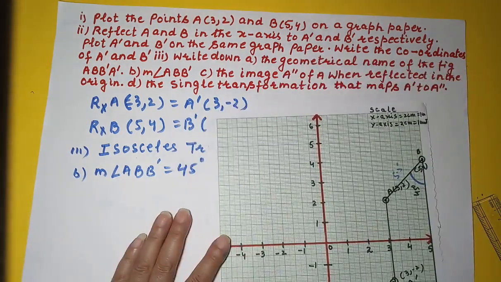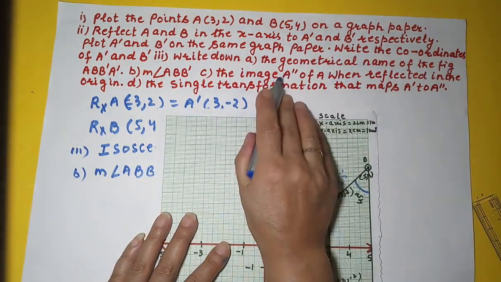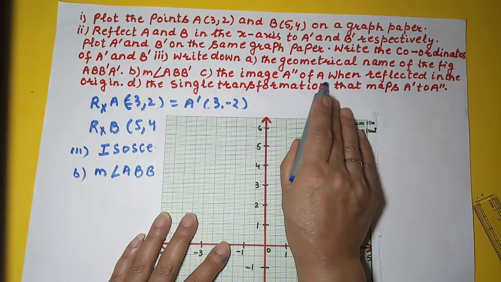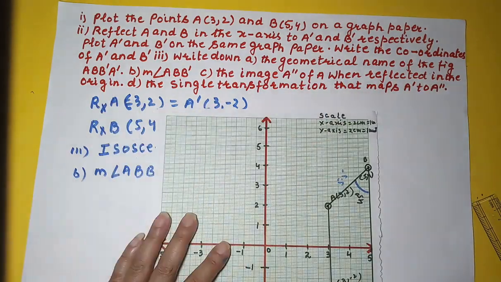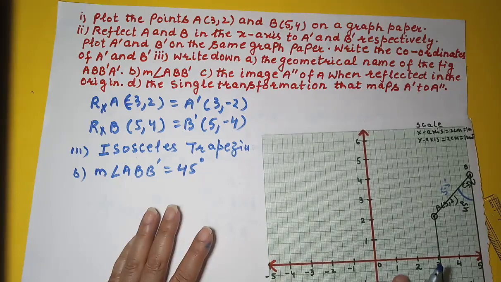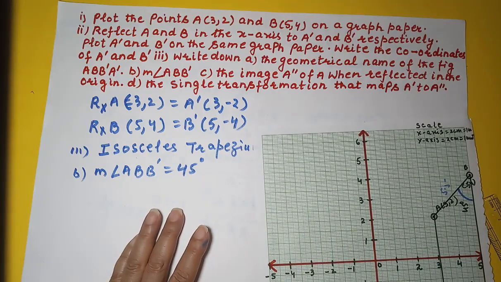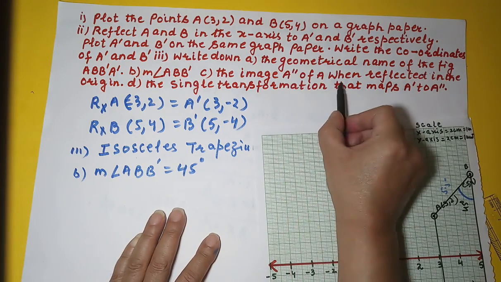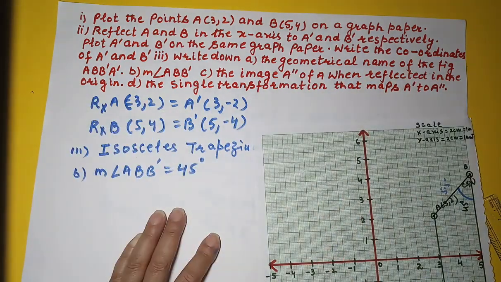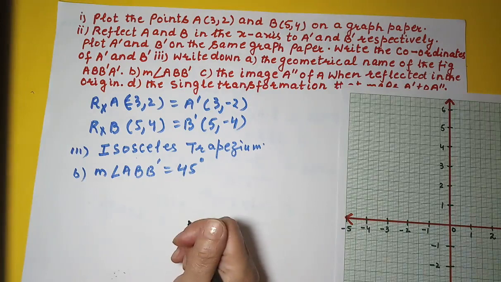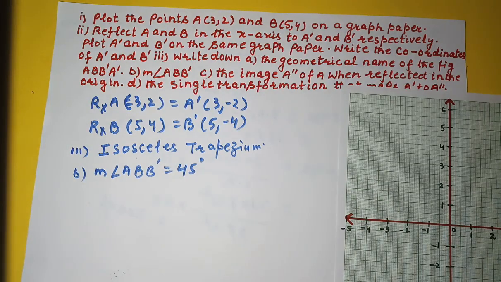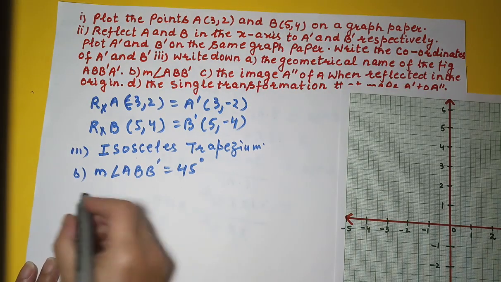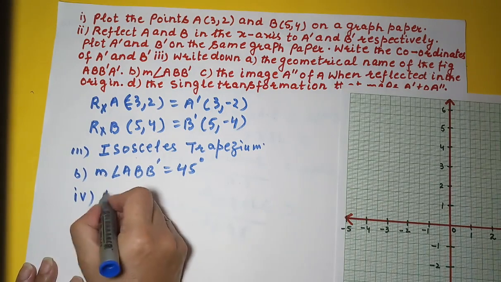Fine. Then he's saying the image A double dash of A when reflected in the origin. Okay. So you have to find the image A double dash of A when reflected in the origin. So how will we reflect this in the origin? This is my fourth part.